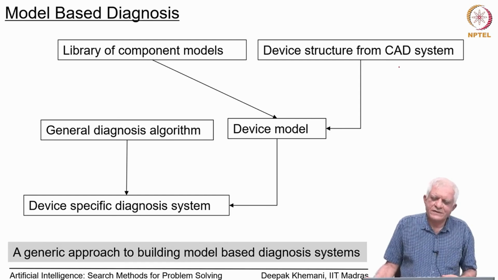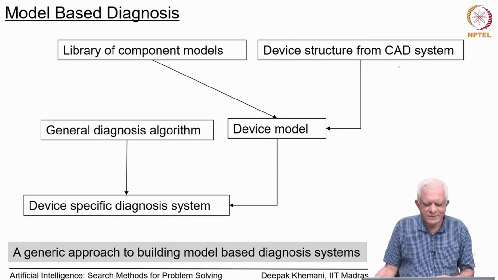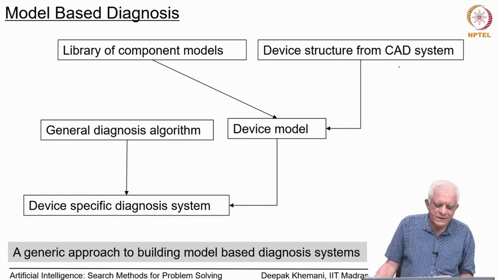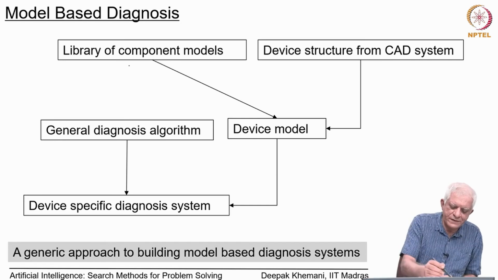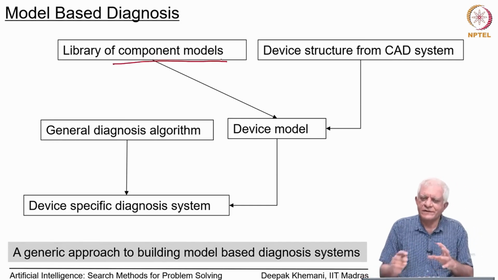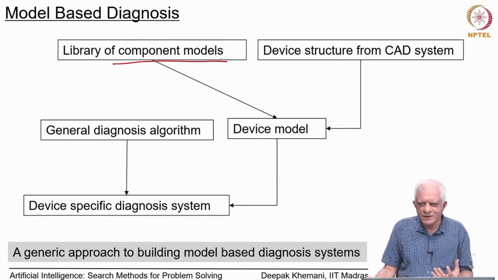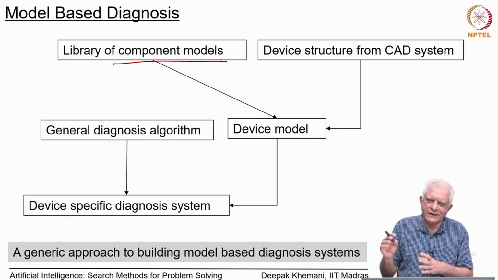So, model based diagnosis takes a first principles approach, and it works as follows: you first describe component models. If you have a device which is made up of components, you first model the component independently of the role it is going to play in the larger device.